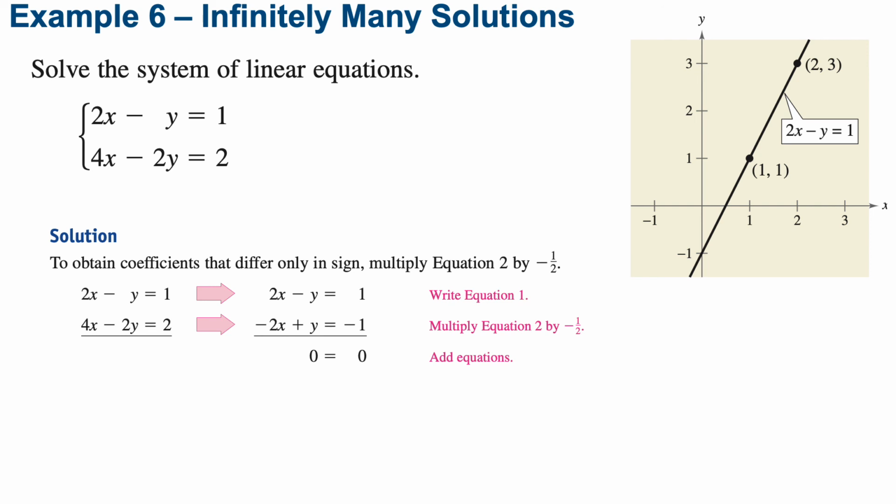And if we combine those together, we would get 0 is equal to 0. Now this begs the question, what if I had decided to multiply the top by -2 and then add them? Well, you get the same thing. You'll get 0 is equal to 0 every time if you're doing the process correctly. And what does that mean? That means that there's infinitely many solutions. These lines coincide. They're exactly on top of each other. So they touch at every single possible point, okay?